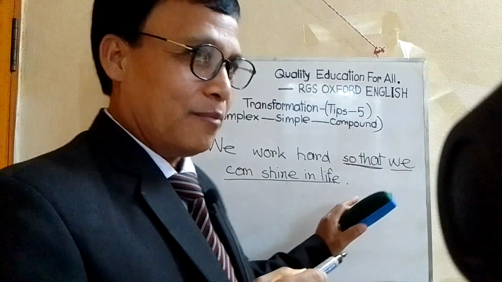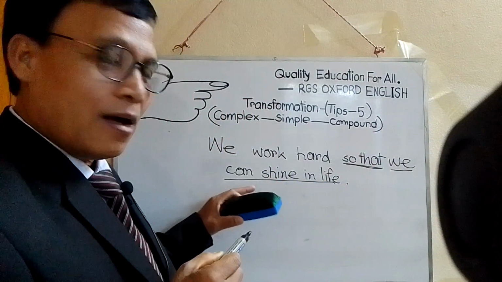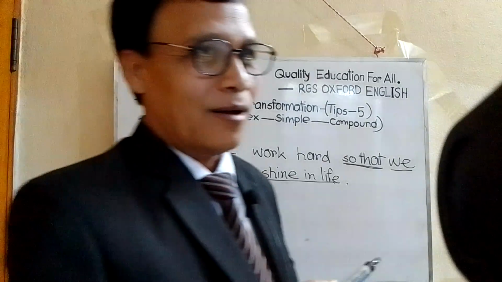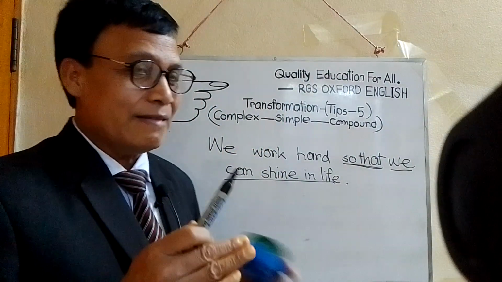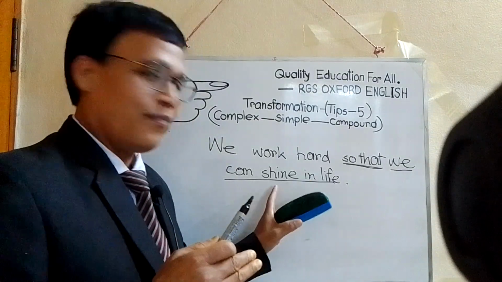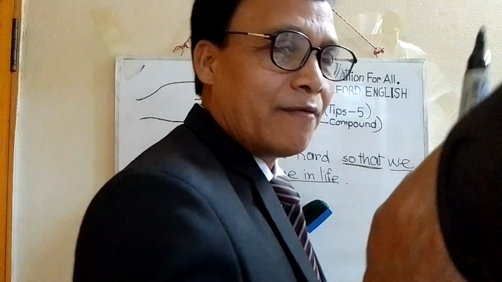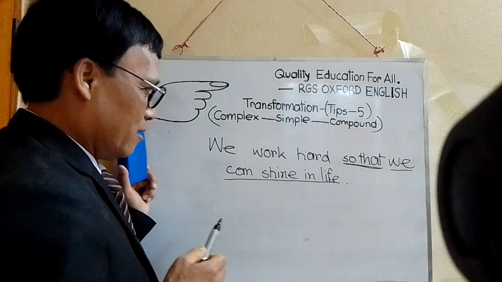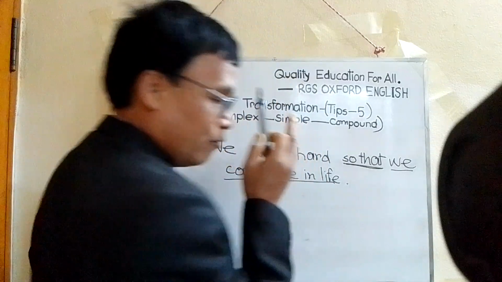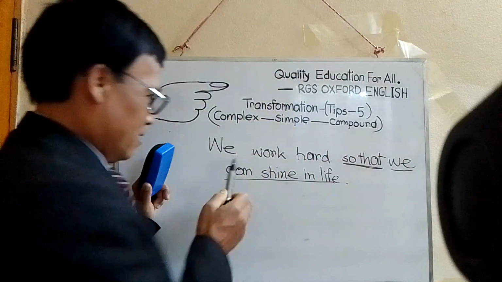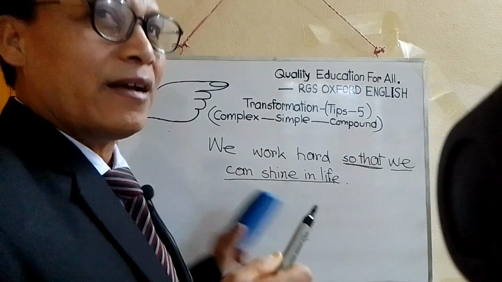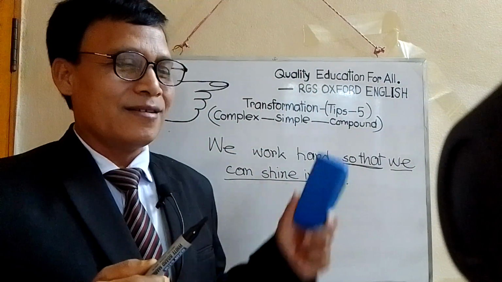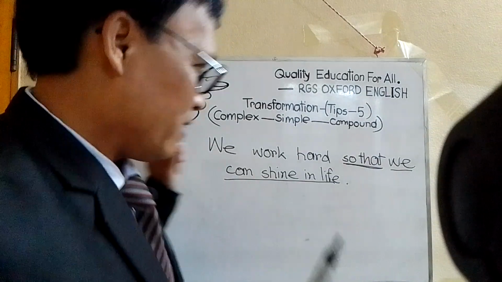So we can understand easily that this is an adverbial clause. Okay, now come to our main point: how we will turn the clause into a phrase. You must use the infinitive, and using the infinitive we can turn it into a simple sentence.